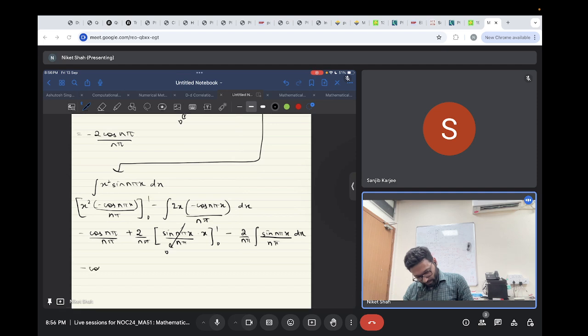But the term is minus cos(n pi) divided by n pi, minus 2 by n pi times n squared pi squared, the integral of sine, which is minus cos(n pi x), from 0 to 1.